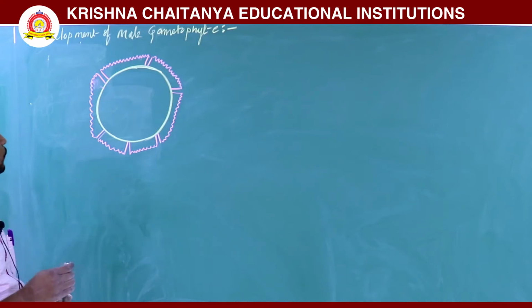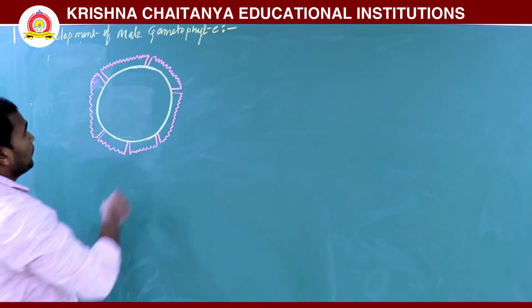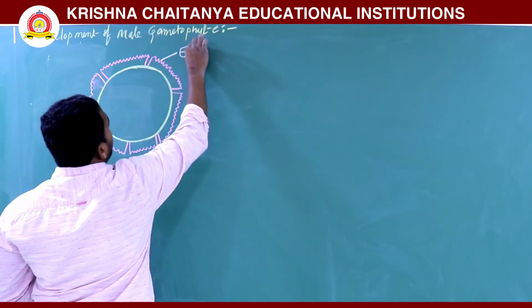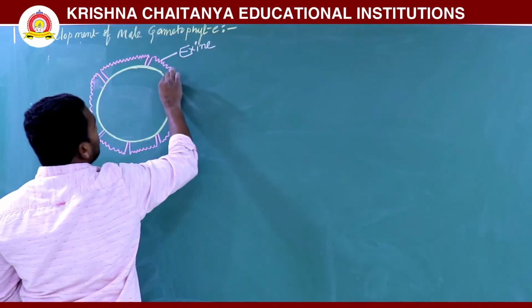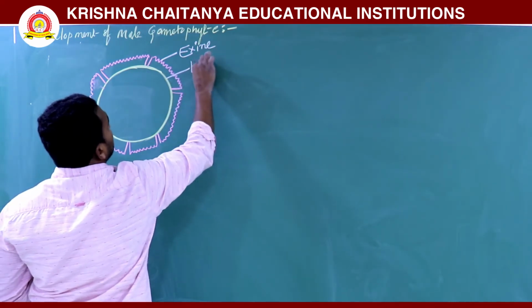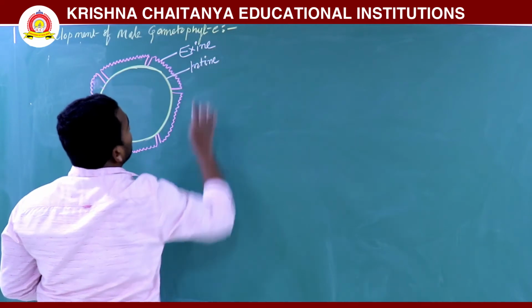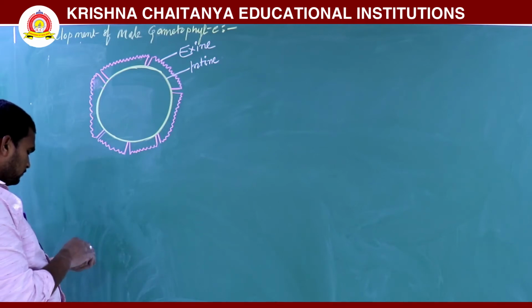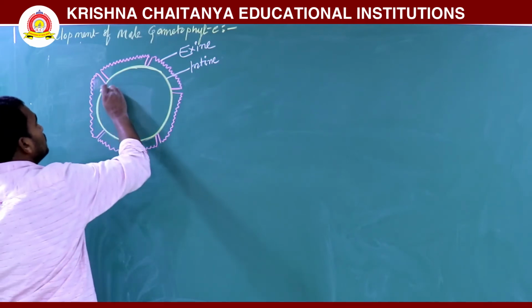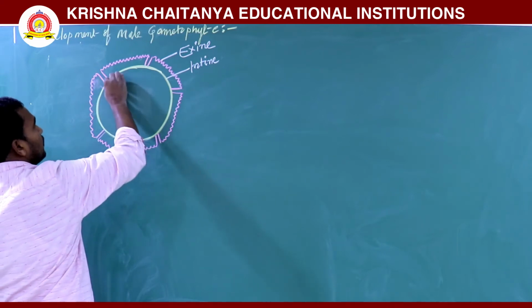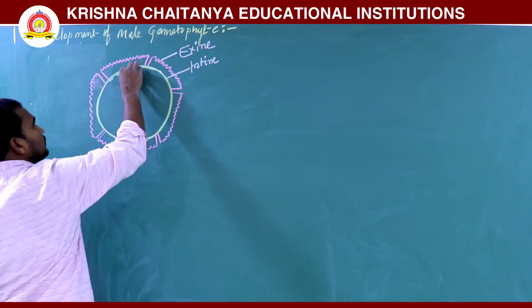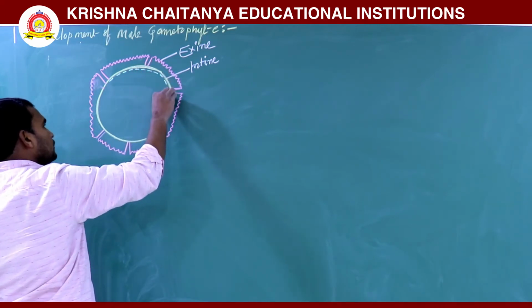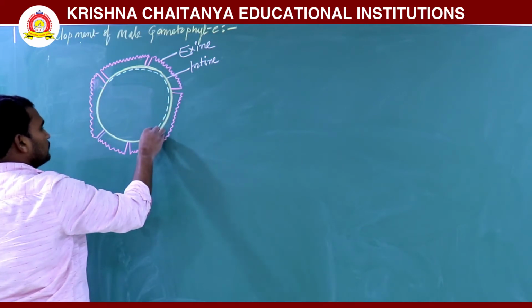This is the pollen diagram. The outermost layer is called the exine, and the innermost layer is called the intine. The outer wall and inner wall are followed on the inner side by the plasma membrane. This is called the plasma membrane.